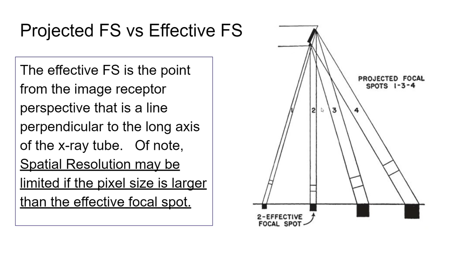This I have to review again. I don't remember exactly what this is. It has to do with the fact that the beam is diverging, and there's actually more than one effective focal spot if you think about it. Because the actual focal spot is the point where the photon hits the anode.